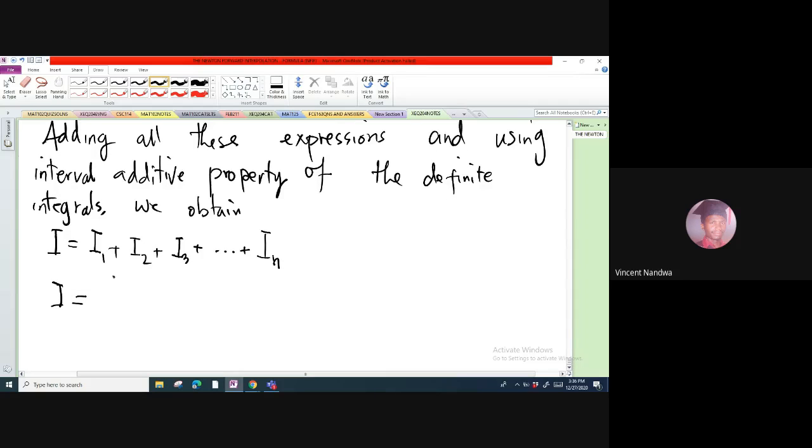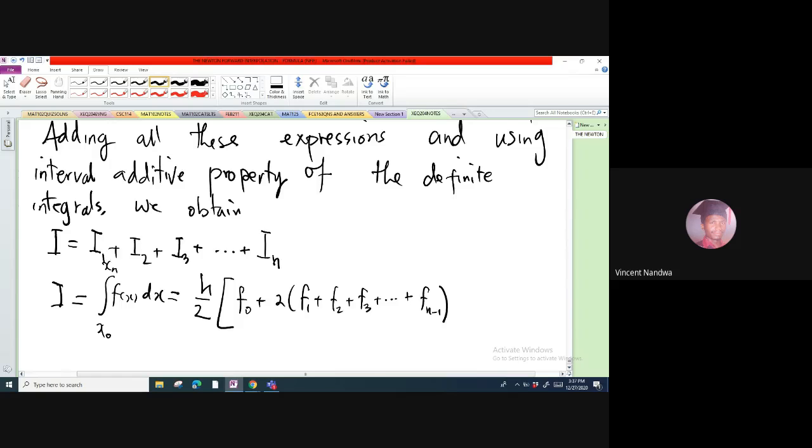the integral from x0 to xn of f of x dx, which will be given by h over 2 into f0 plus 2 times f1, f2, f3 up to fn minus 1, plus fn.